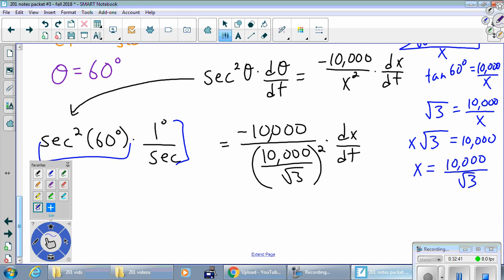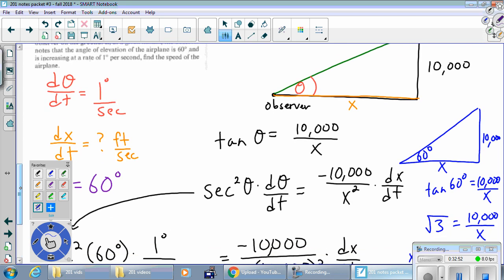It needs to be in radians per second. The reason that we need to make that conversion is that when we said that the derivative of tangent was secant squared, we made this problem in radians. If we had done the derivative of tangent in degrees, we would not have gotten secant squared. We would have had to multiply by some correction factor.